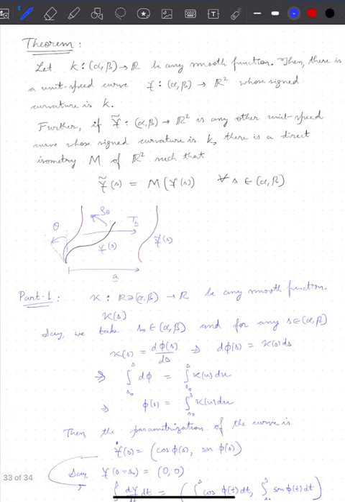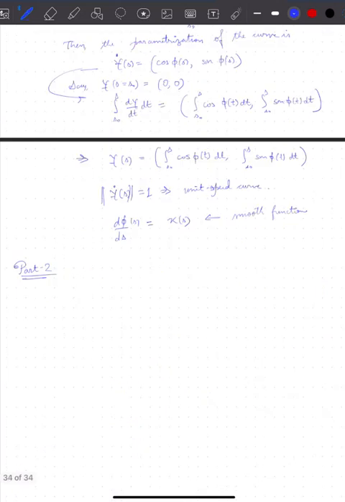In part 2, it says that if gamma tilde is a mapping from alpha beta to R2, and it is any other unit speed curve whose signed curvature is kappa, then there is a direct isometry M of R2 such that gamma tilde of S is equal to M of gamma of S. So this is what it's talking about.